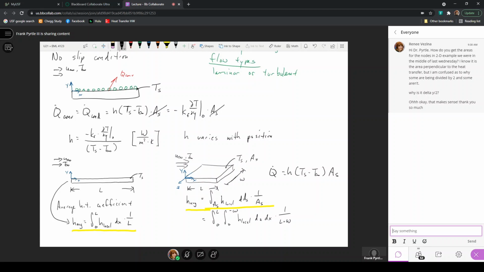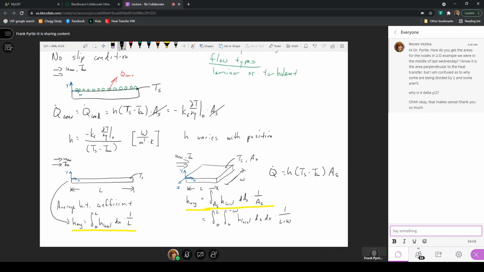Now, if it was a constant, it would just come out, and I would end up with an expression of the heat transfer coefficient that is just an average value, and that it's not a function of X or Z. But if it is a function of X or Z, we'd have to go through the expression of the integration based on what the dependency of the local heat transfer coefficient is.